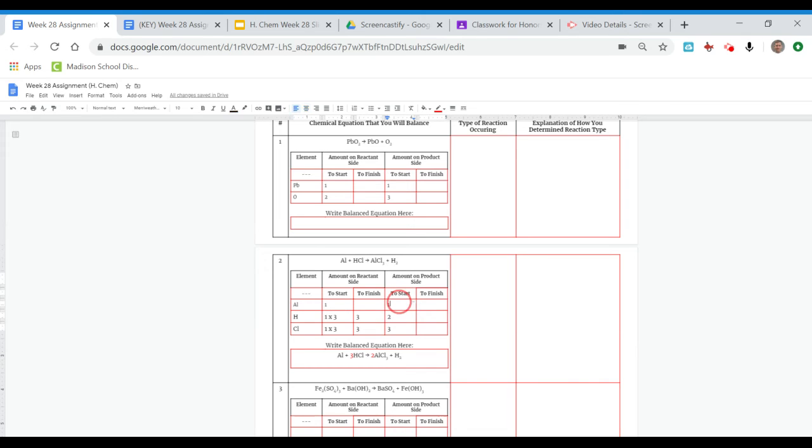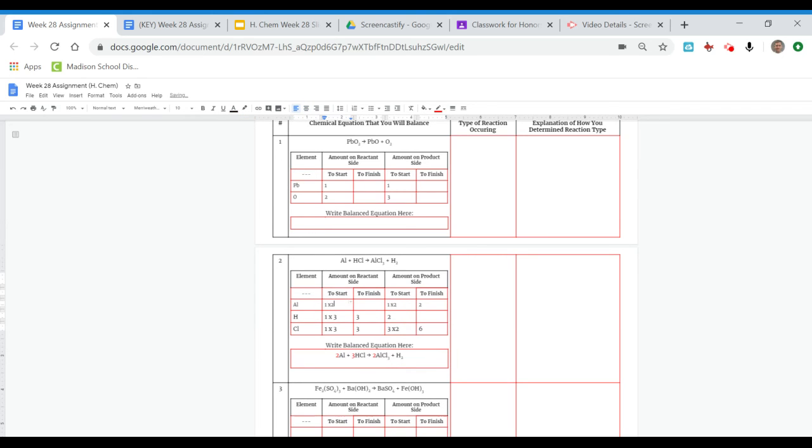So I got to times the Al times 2 and Cl times 2. That's going to give me 6 chlorine and 2 aluminum. So that means I need to add 2 over here, right? Because all of a sudden I realize I have 1 aluminum on this side and 2 on that side. So let me throw a 2 in there.